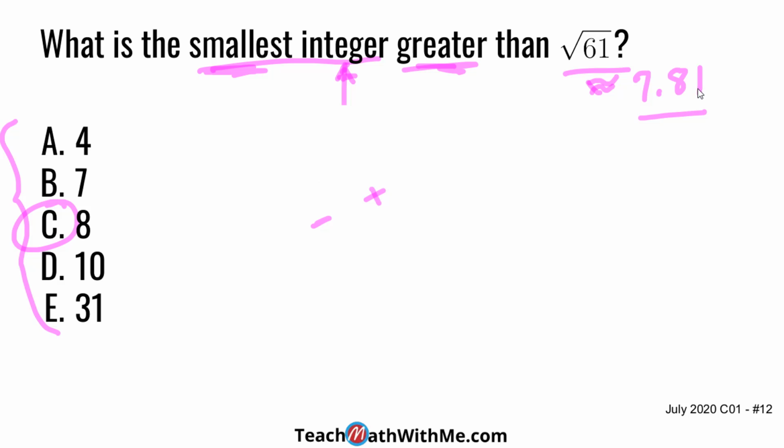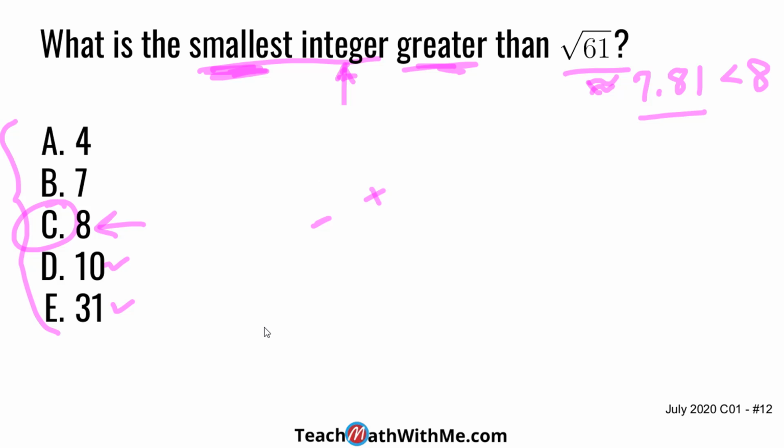And what is greater than 7.81? The next number is going to be 8, and that's where we got C. And they have to qualify that using the smallest, because we know also 10 is greater than that and 31 is greater than that, but the smallest number is going to be 8. 7 is less than 7.81 and 4 is less than 7.81.